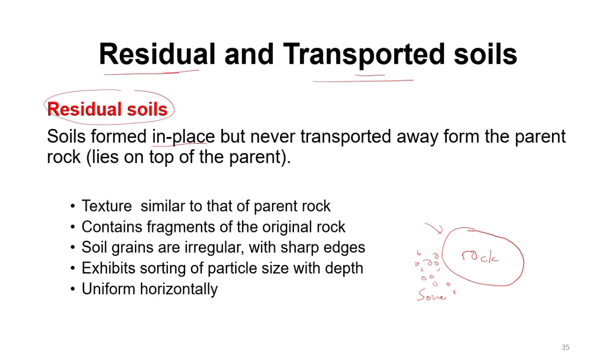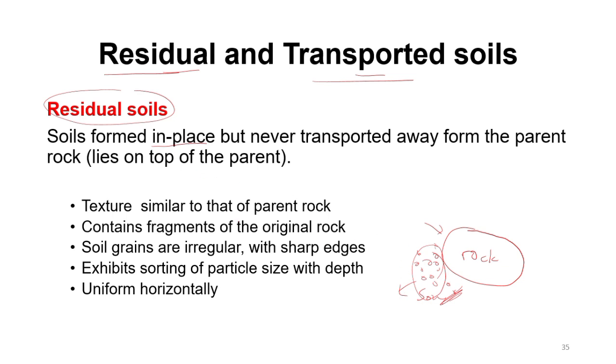Soil. If these soils are formed in place or are not being transported, if they are deposited at the same place where they were formed, then this soil is termed as what?